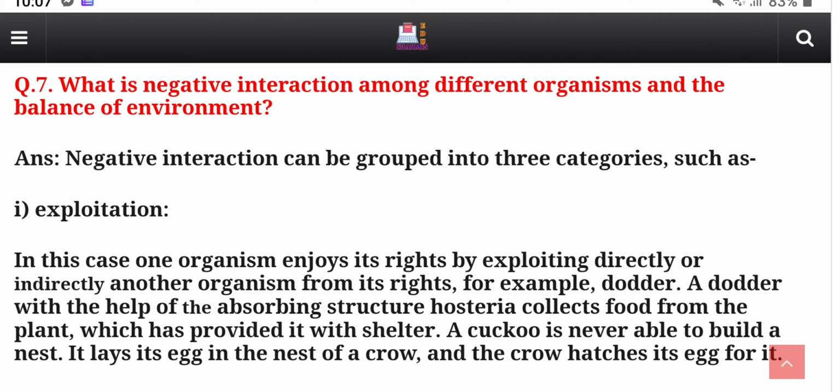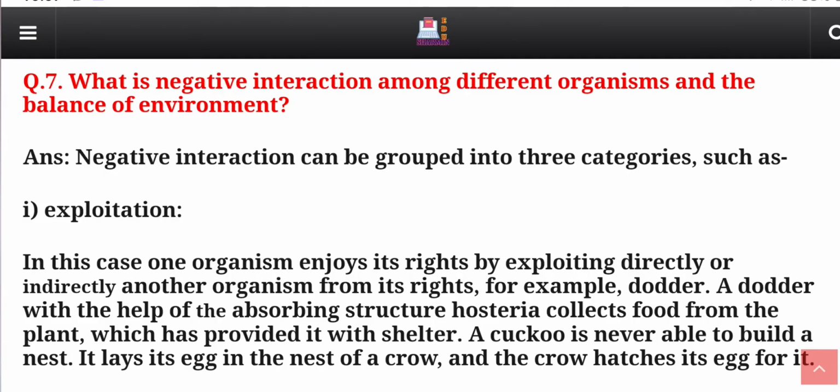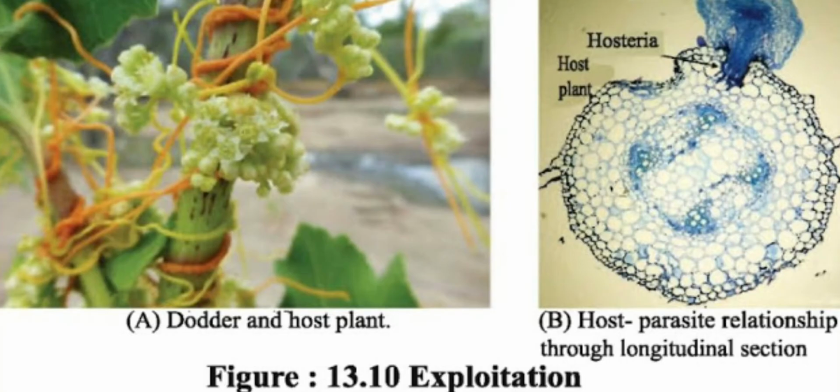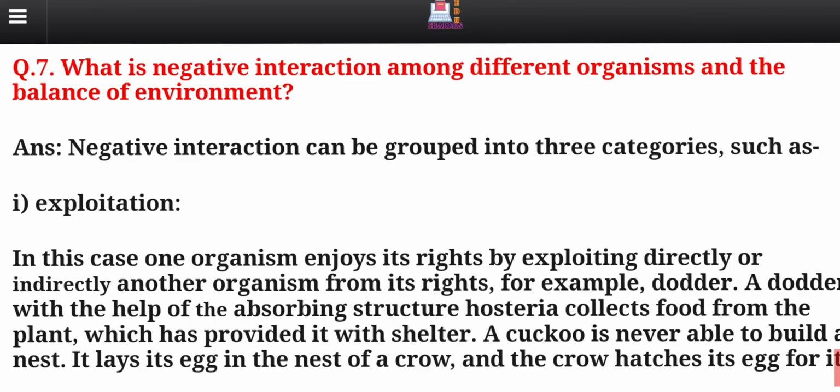Question number 7, what is negative interaction among different organisms and the balance of environment? What is the negative interaction? Here is also positive, but how about negative? Number 1 is exploitation. What do you mean by exploitation? In this case, one organism enjoys its rights by exploiting directly or indirectly another organism from its rights.